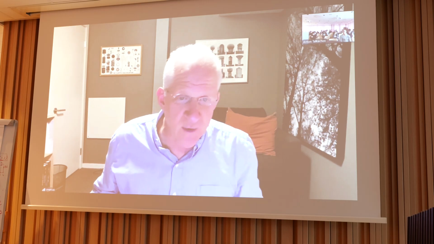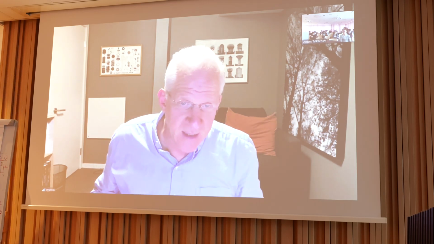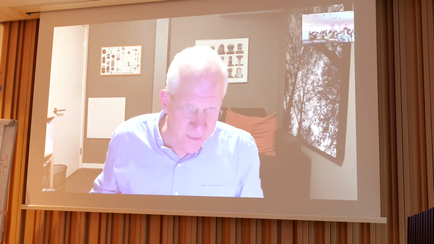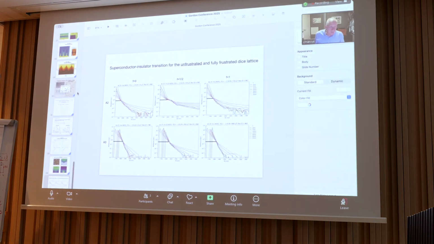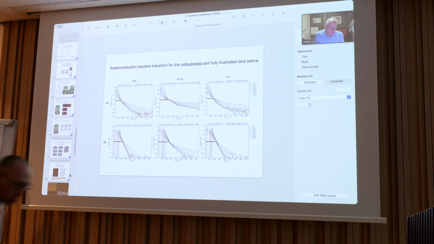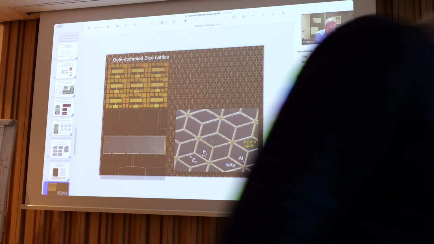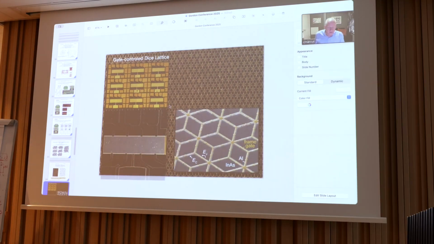Let me very quickly try to connect those two ideas. Because if I just zoom in for a second, can you see the screen now? Can you see the picture? Okay, so if you look at the dice lattice, each junction is a rhombus.